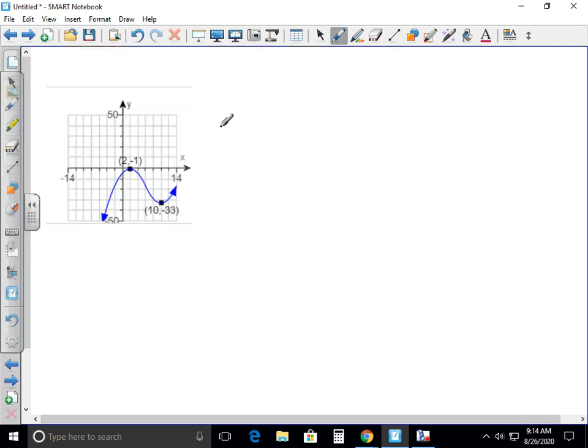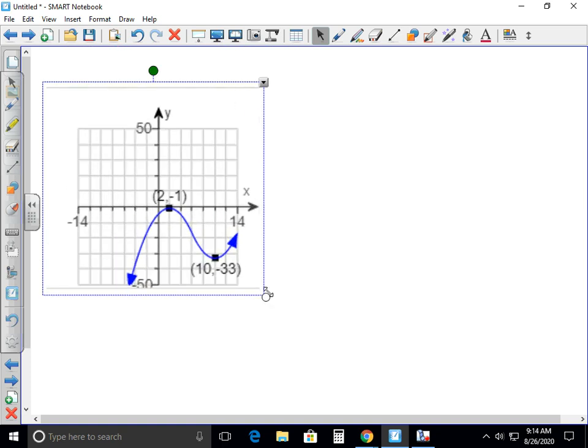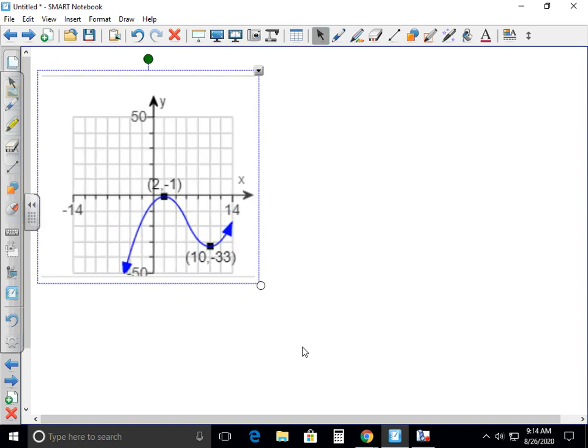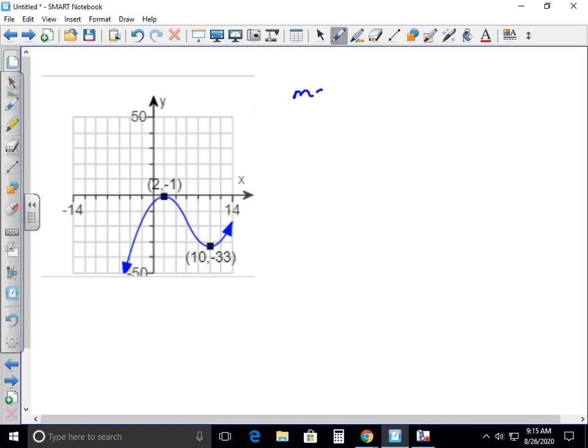So the next problem asks us the same thing, but it also asks us for relative maximums and relative minimums. So we have a peak here. So the maximum value there is -1.